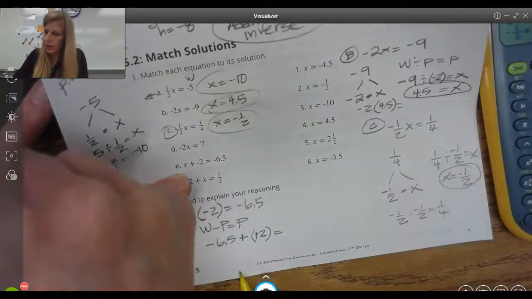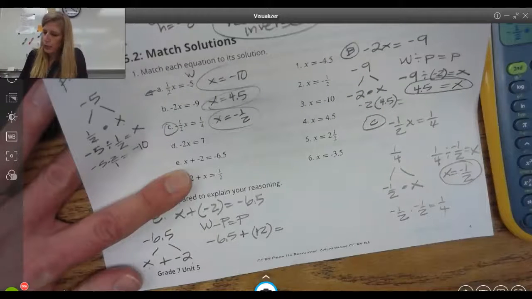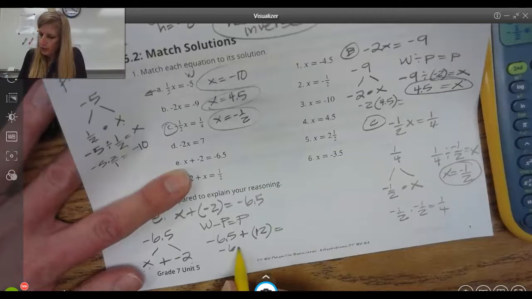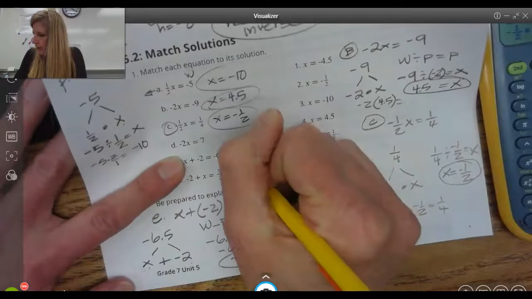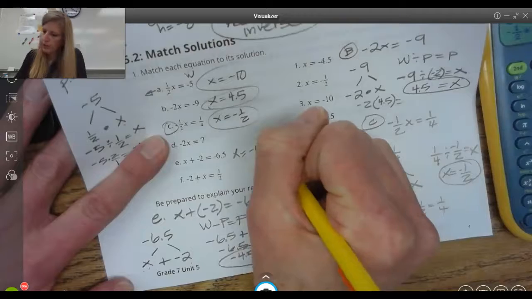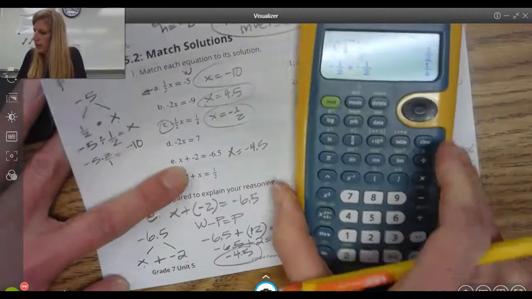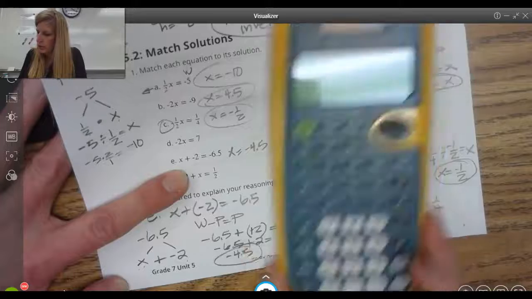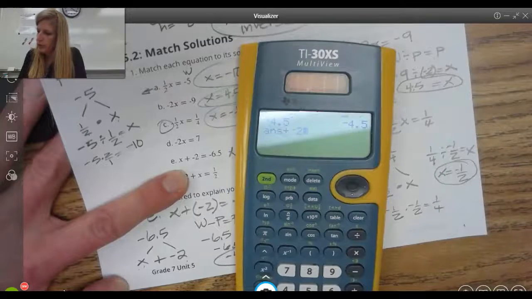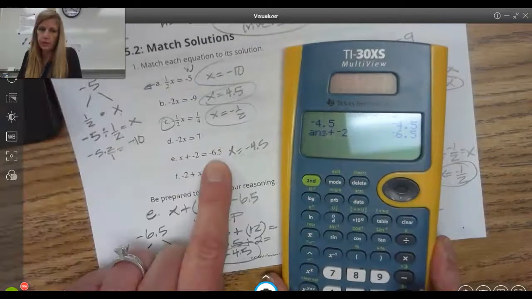So -6.5 plus 2 is going to be -4.5. So x is going to be -4.5, and I'm going to check it by using my calculator: instead of x, I'm going to have -4.5 plus -2, and when I push equals, it should equal -6.5.